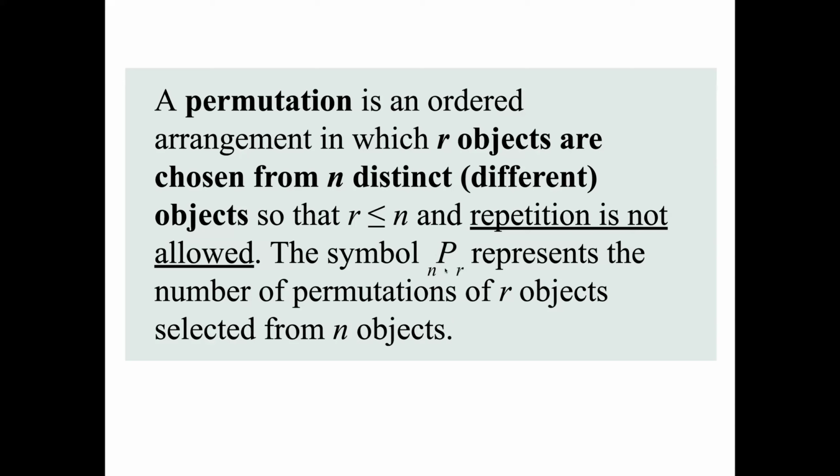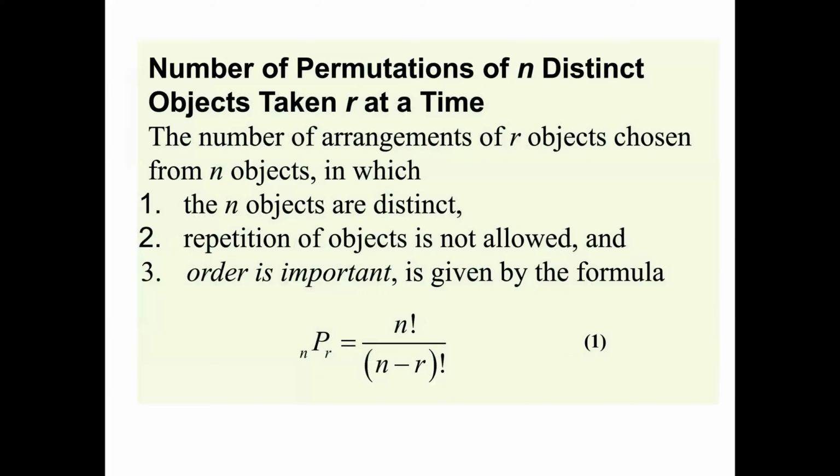So the symbol nPr, with n and r as subscripts, represents the number of permutations of r objects selected from n objects where repetition is not allowed. So that's its definition. Again, here's what we would do. We'd have to make sure the n objects are distinct. Okay, we have to make sure they're distinct and different.